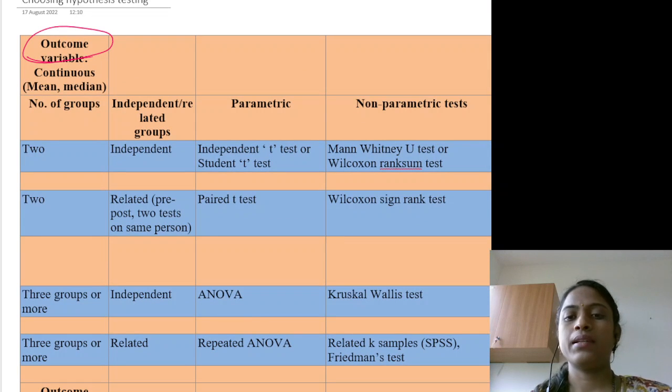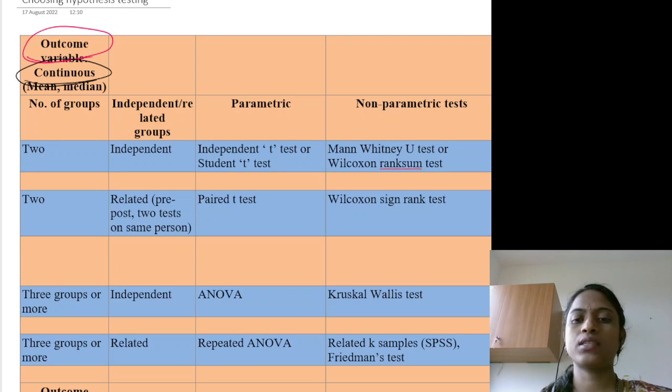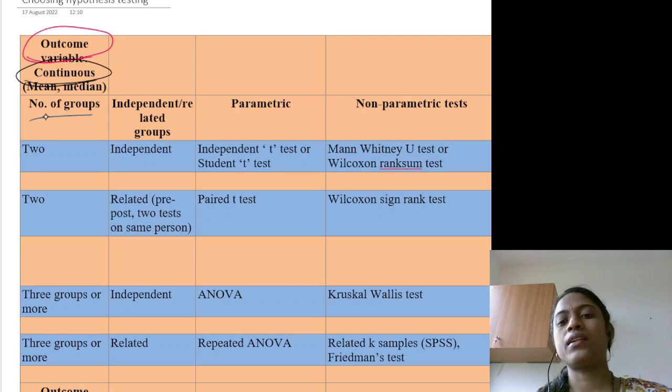If our outcome variable is a continuous variable, then we need to ask the next question: what is the number of groups, whether it is 2, or 3 or more.